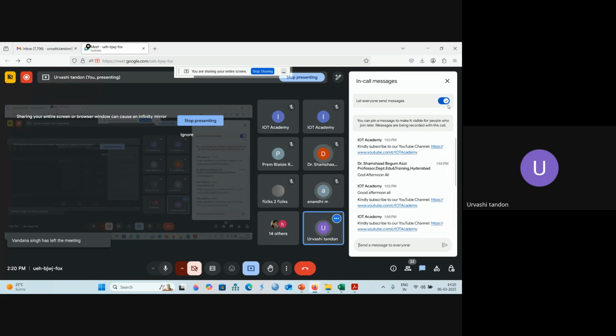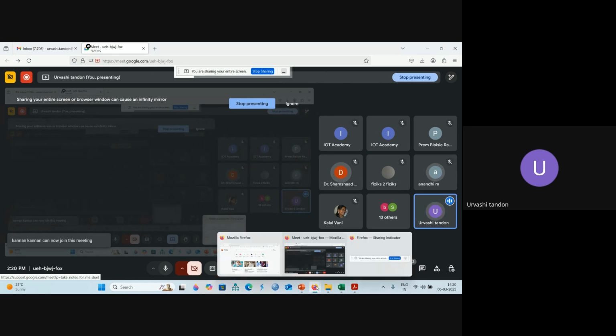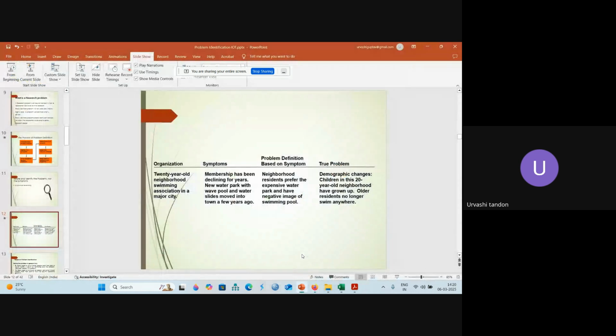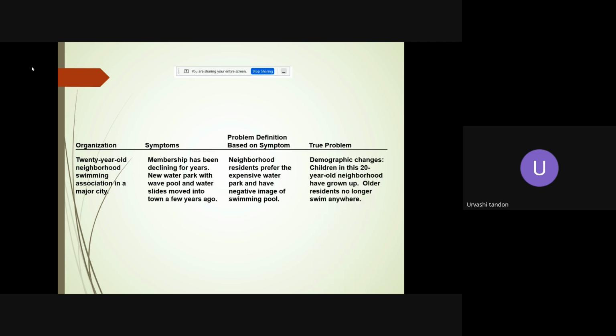No one. So the actual problem here would be demographic changes, right? Demographic changes say that children in this 20-year-old neighborhood have grown up and older residents no longer swim anywhere.